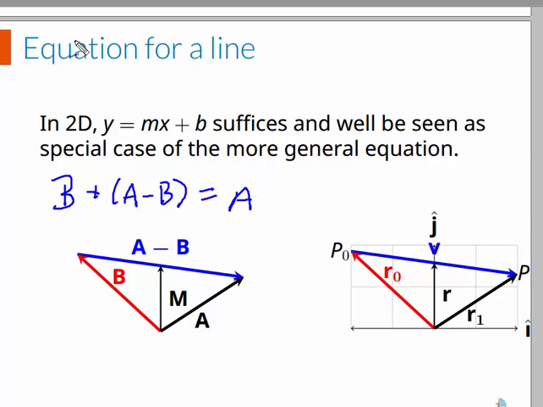So this is the form we're using. Now if we write this as b plus 1/2 a minus b, then we end up with the vector m. M is for midpoint, because the vector m is pointing to the midpoint between the tips of b and a.